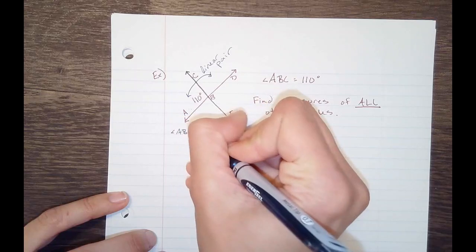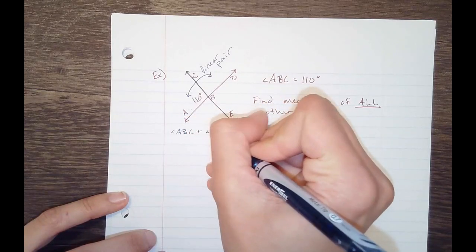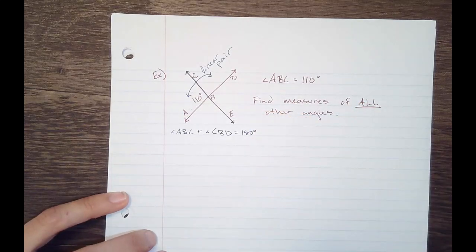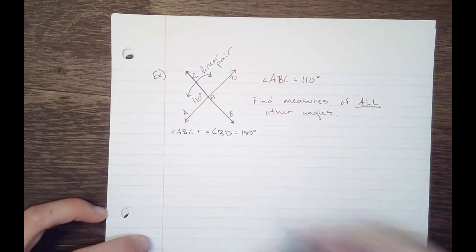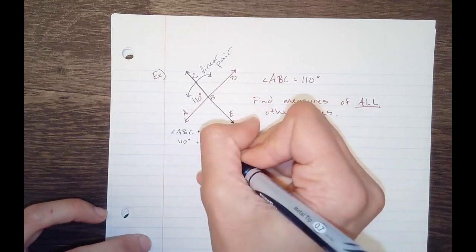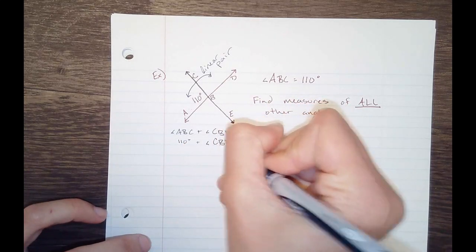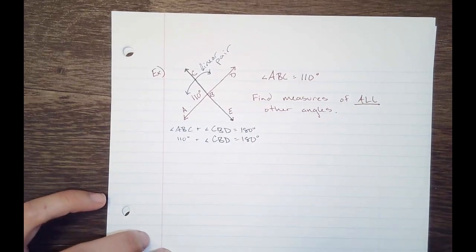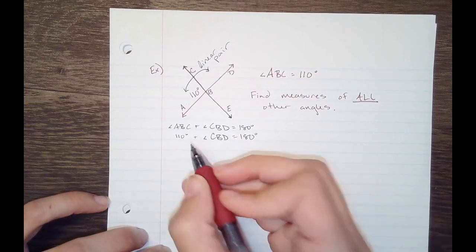So we have 110 plus this angle is going to equal 180, so treat it just like our equation. We're left with angle CBD is equal to 70 degrees.